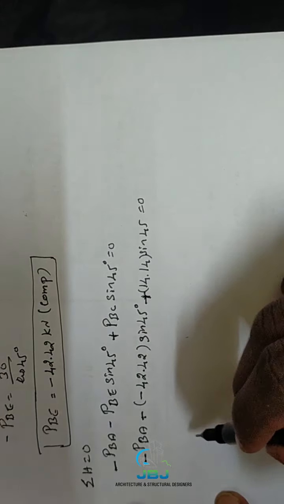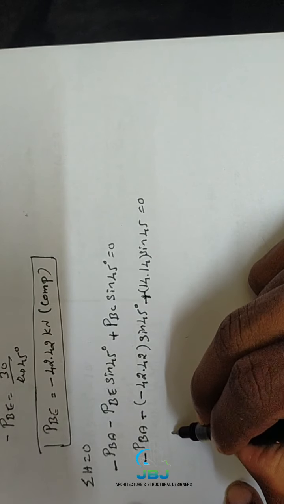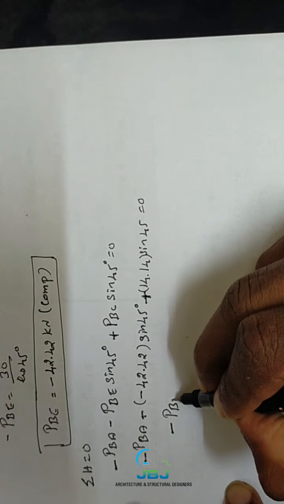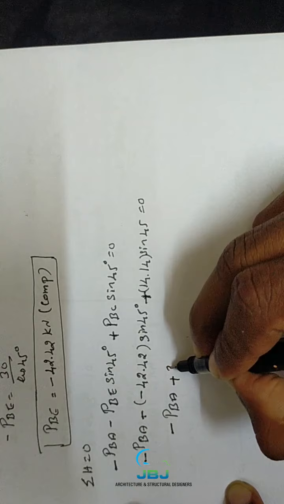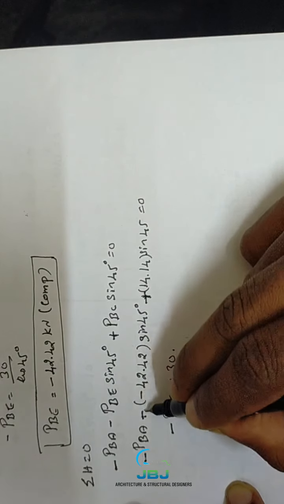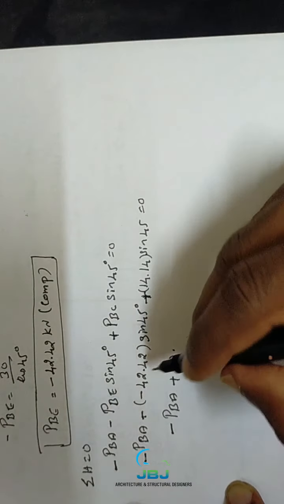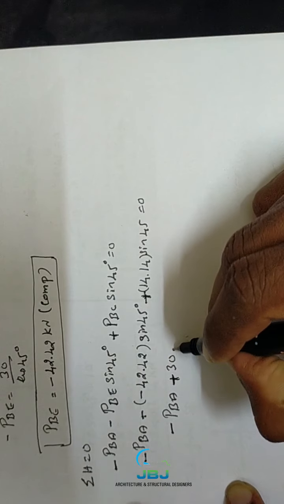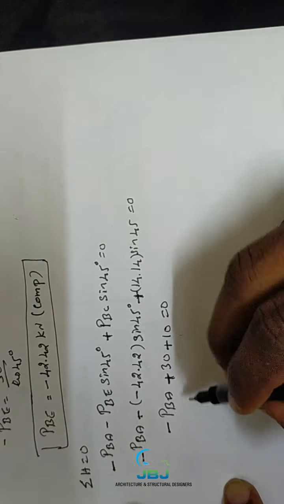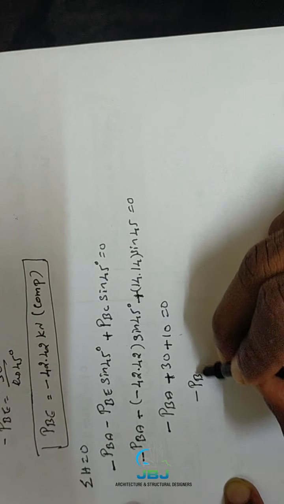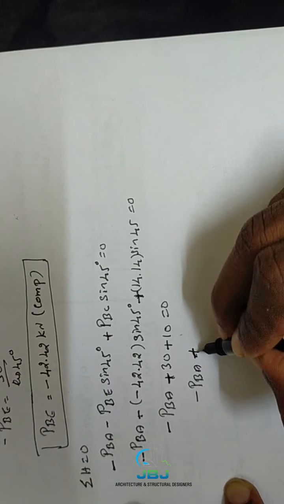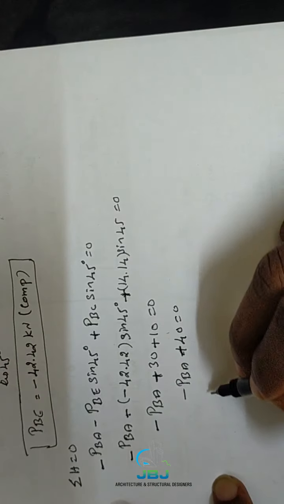When you calculate this equation, you get: minus PBA plus 30, this negative into negative is a positive, plus 30 plus 10 equal to 0. So minus PBA plus 40 equal to 0.